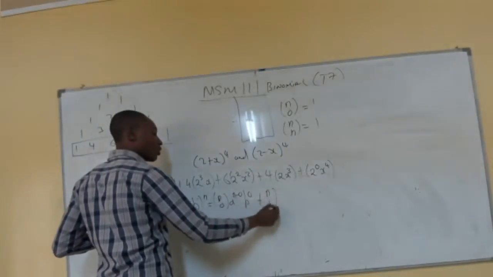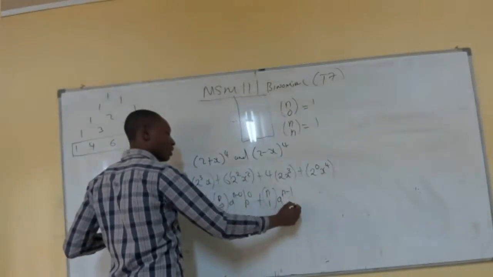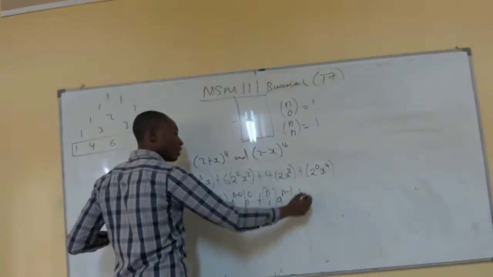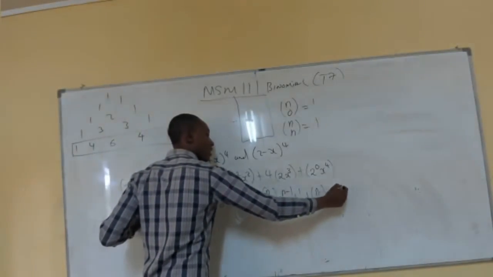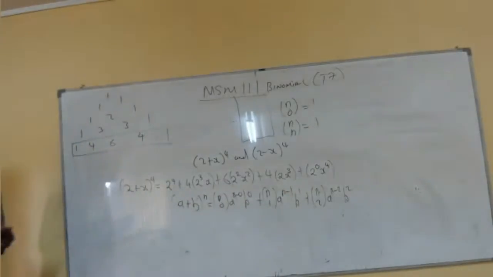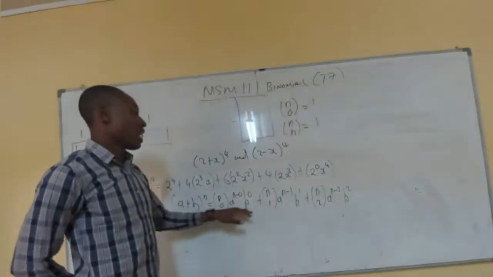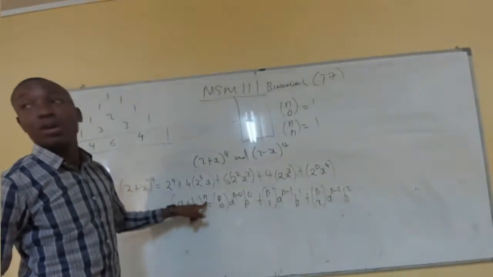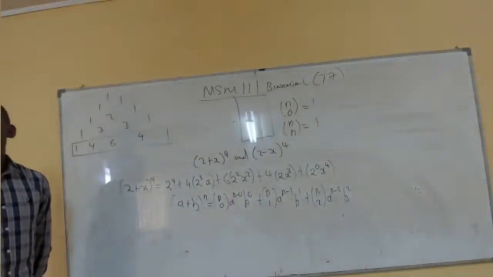Next one is n choose 1, a to the power n minus 1, b to the power 1. The other one is n choose 2, a to the power n minus 2, b to the power 2. If you look at this, the sum of the powers of a and b always comes back to n.